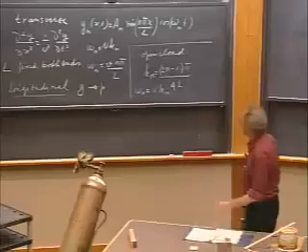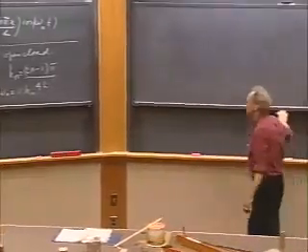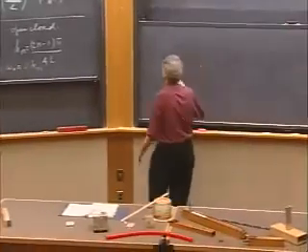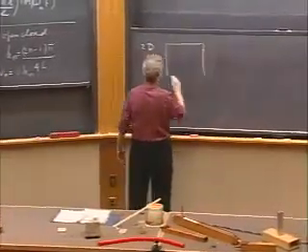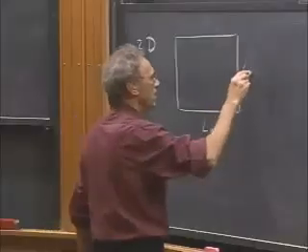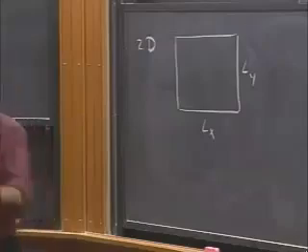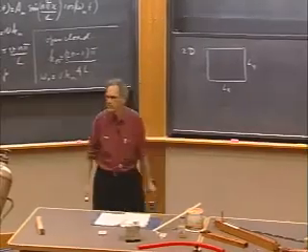And now I want to make the step from one-dimensional to two-dimensional. If we go two-dimensional, which is easy to do, and we can even demonstrate that, so this has length Lx, and this has length Ly, could be a frame with a soap film, a membrane which can oscillate.